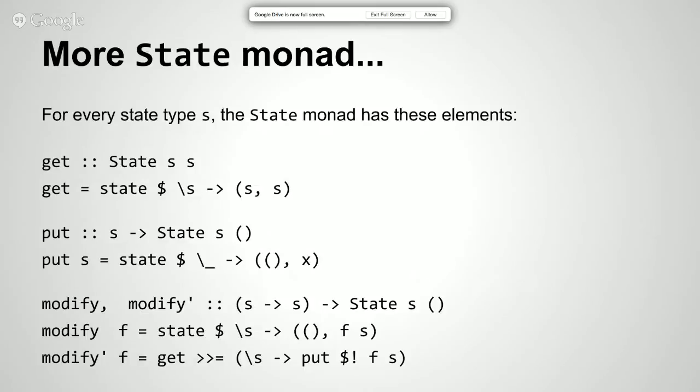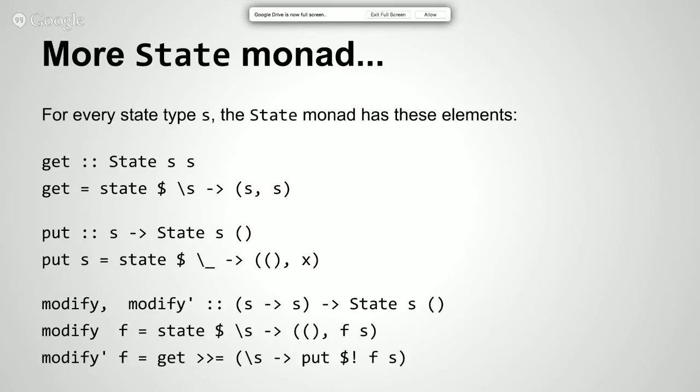The state monad for every state type S has these particular functions. I call them elements, though they shouldn't really be called elements. Get is the function that returns the state; it returns the state and doesn't change it.